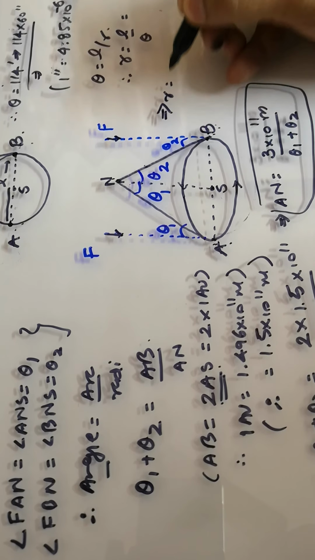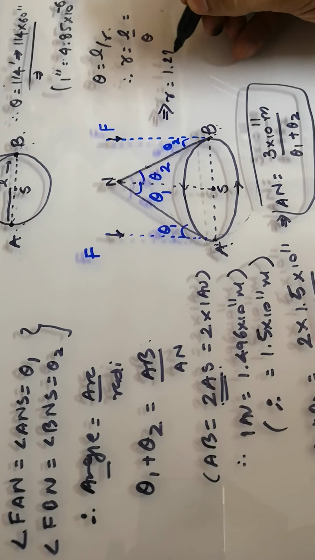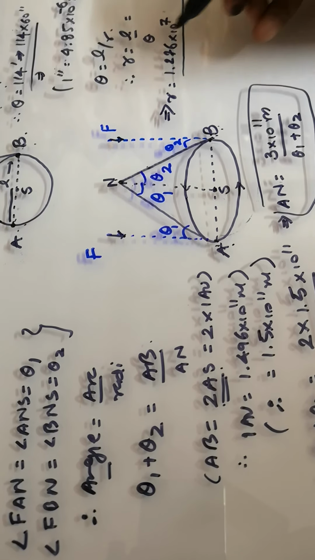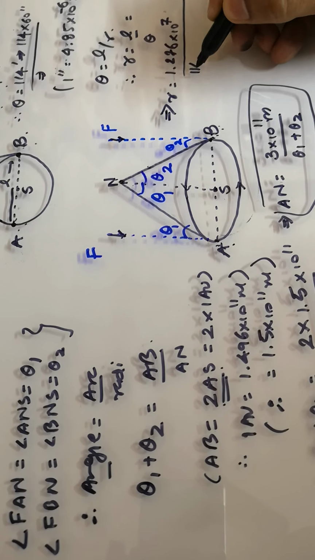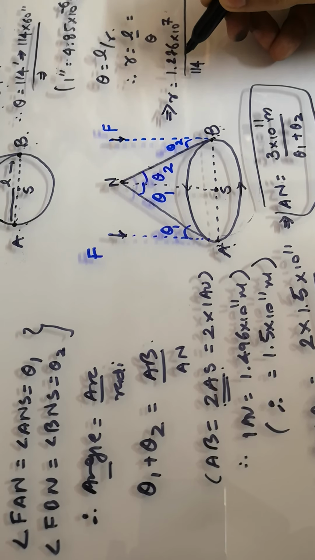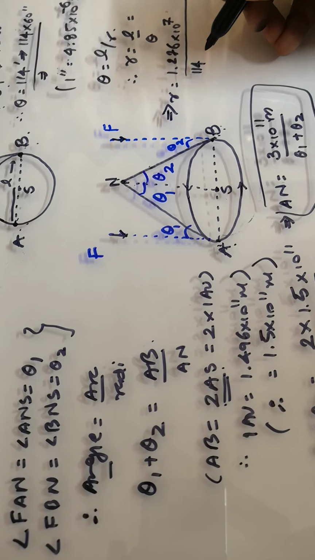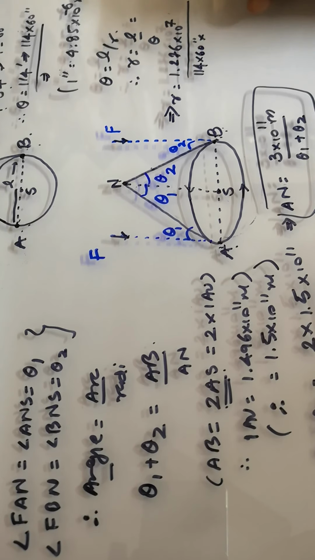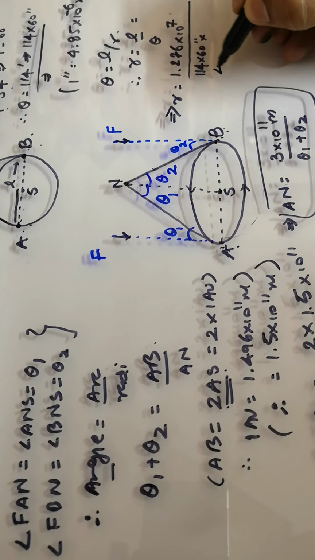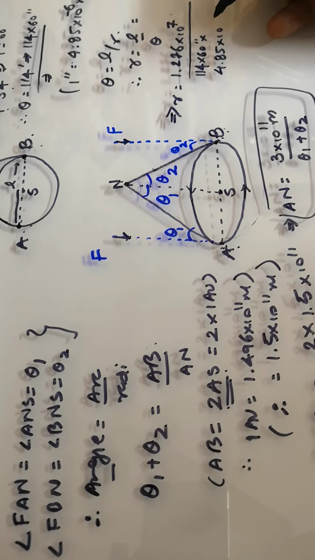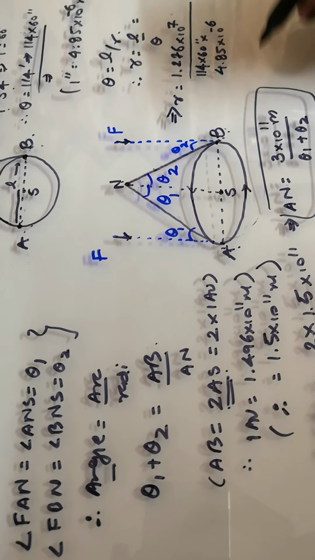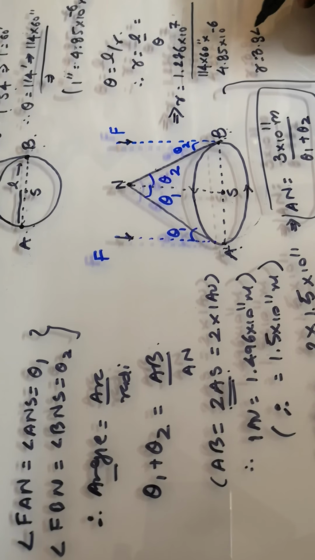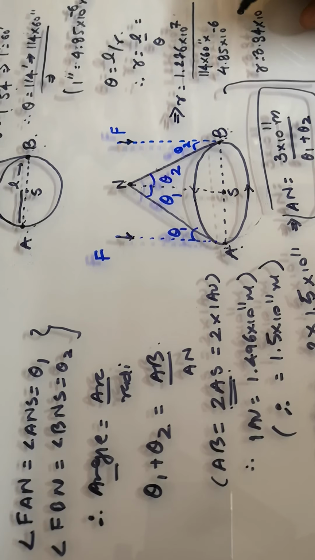R is equal to L, 1.276 cross 10 to the power 7 meters, divided by theta, which is 114 minutes converted into seconds. So I do 114 multiplied by 60 seconds multiplied by the value of 1 second, 4.85 cross 10 to the power minus 6. I get my value of R as 3.84 cross 10 to the power 8 meters.